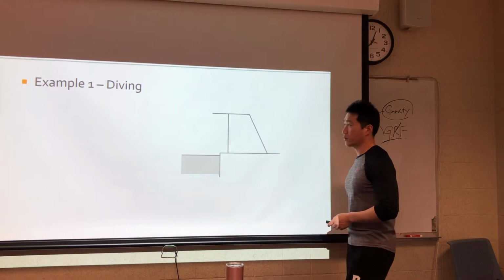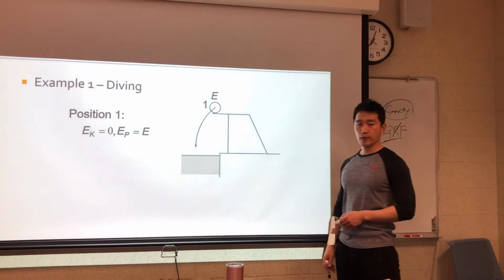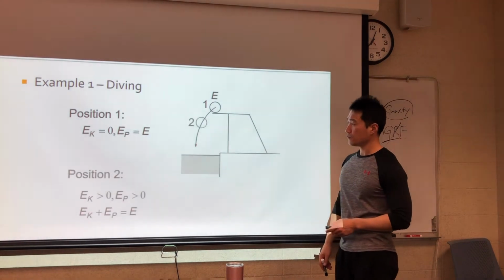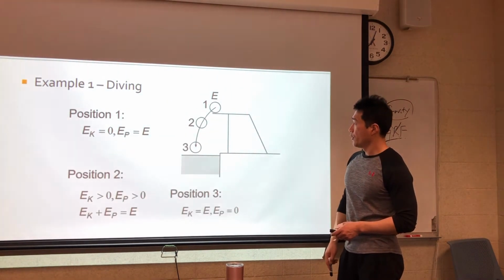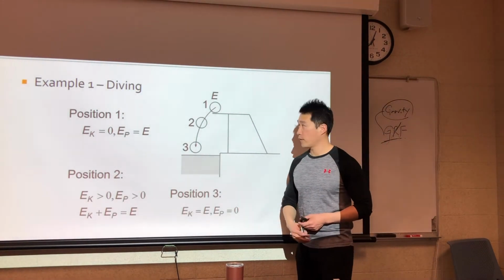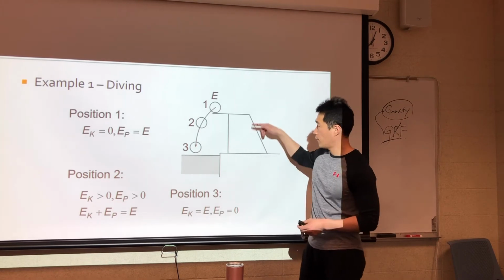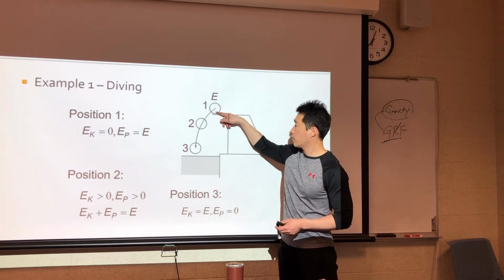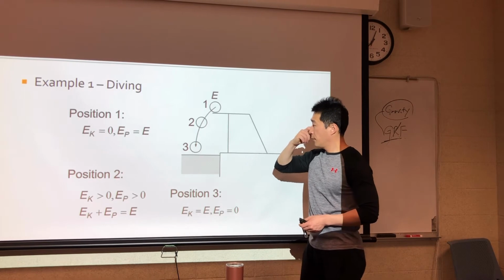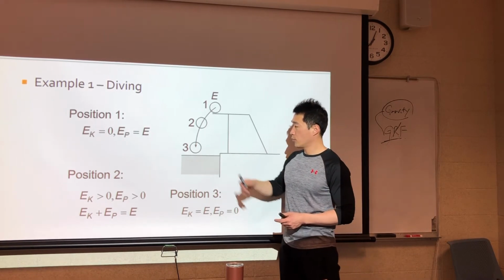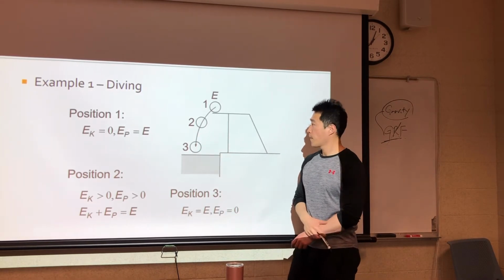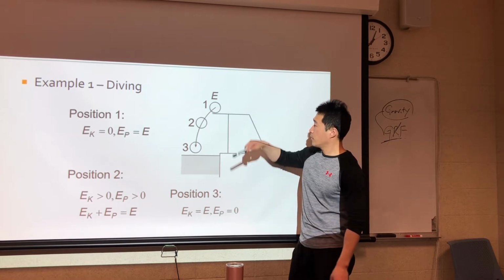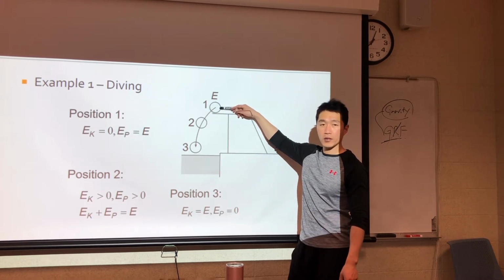Let's go over one example of this conservation of mechanical energy acting on the body. Here we have a diving example. The platform is here, and he's about to dive into the water. There are three positions here: position 1, 2, 3. At position 1, he's standing on this platform.